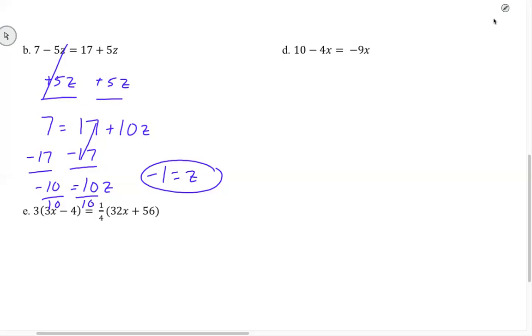But I want to show you that you can do it either way. So Andrew said to add that 4x, because that's going to get all of my variables to one side very quickly. So now notice, after doing that, I just have to divide by a negative 5 to get my answer.